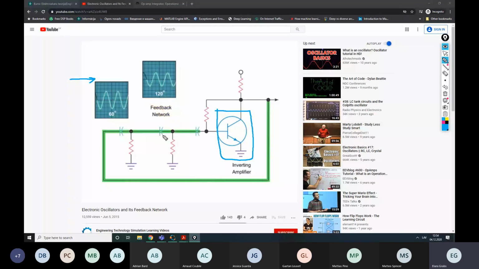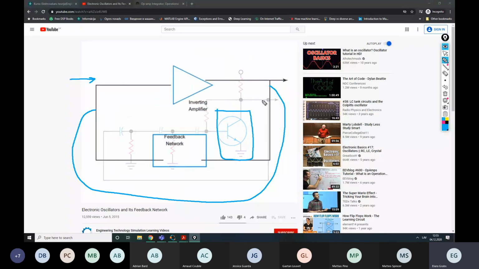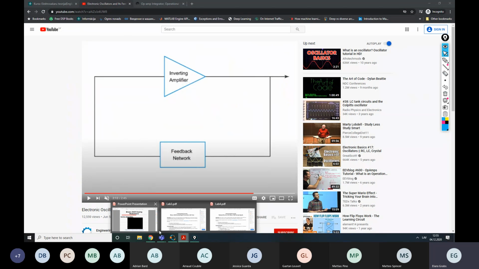So in total for 2 capacitors it is 120, and for 3 capacitors it is 180 degrees, right? And this amplifier itself will also change the phase by an additional 180 degrees. So basically this will return the signal, which then will be sent again here, and so on. So this cycle will continue and continue. So hopefully now you have some idea how these generators work.